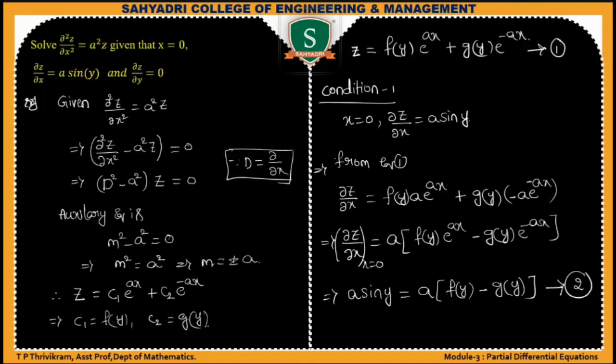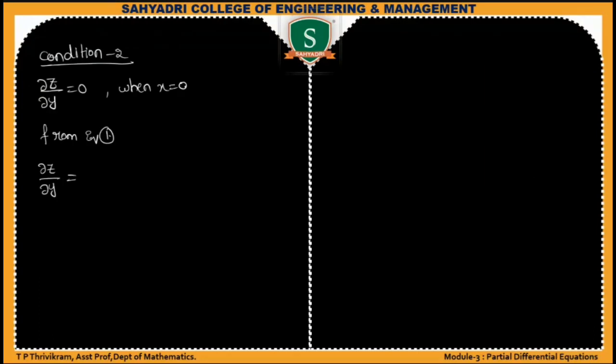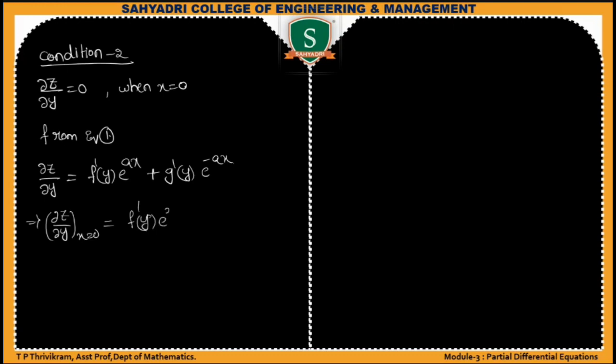So observe this equation 1, differentiation of f of y is f dash of y e power ax plus g dash of y e power minus ax. So dou z by dou x dou y at x equal to 0 is equal to f dash of y e power ax plus g dash of y e power minus ax at x equal to 0, we need to find.